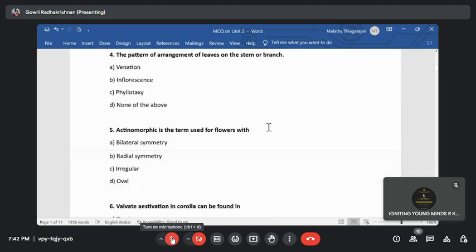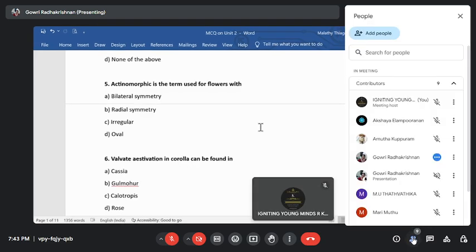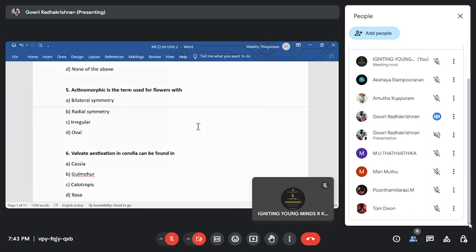Okay, all right. Now next, actinomorphic is a term used for flowers with... anybody? What is actinomorphic?